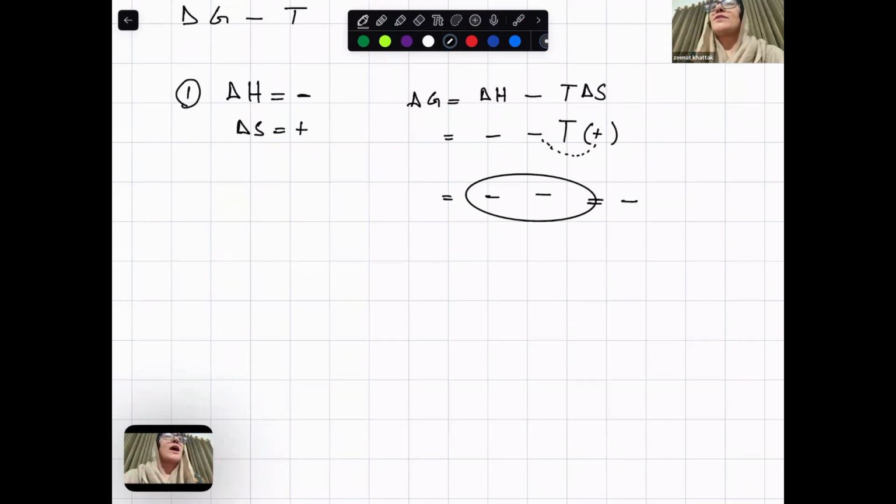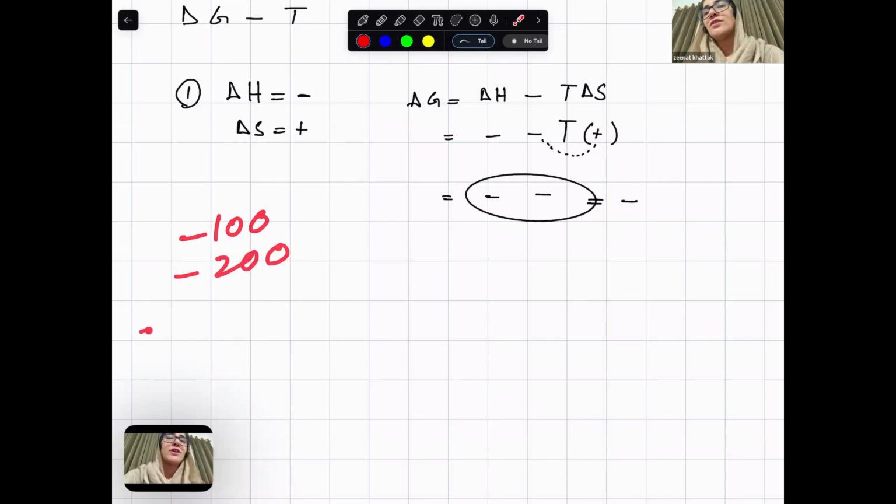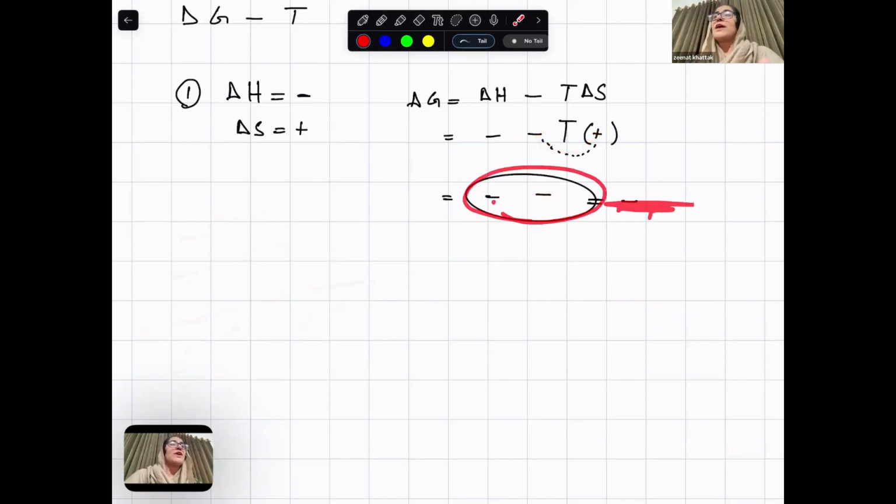Like minus 100 and minus 200, the answer is minus 300. The sum is negative. Larger the temperature, more negative.